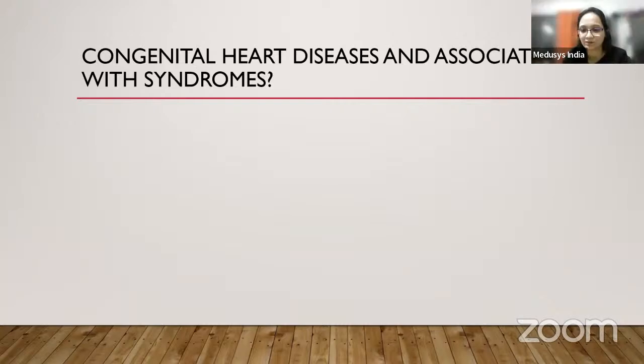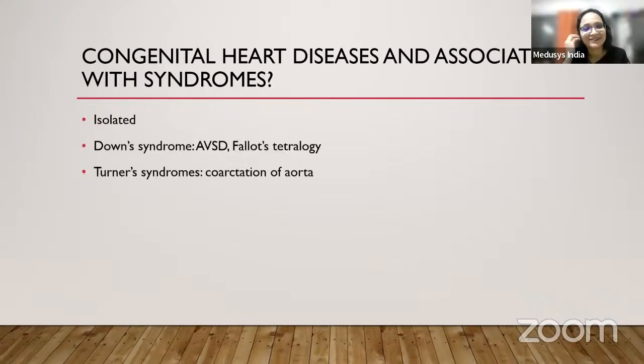That was perfect. Only these two are actually important. They can present isolated or with syndromes, as you said correctly. Down syndrome is associated with atrioventricular septal defect and tetralogy, and Turner's is many times with coarctation of aorta. So that was the correct answer.